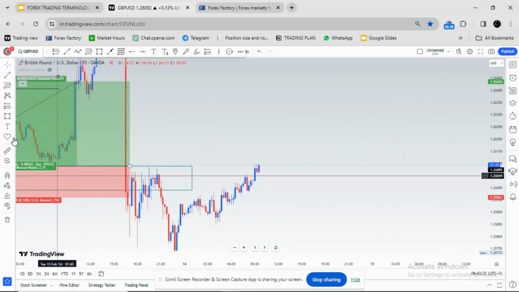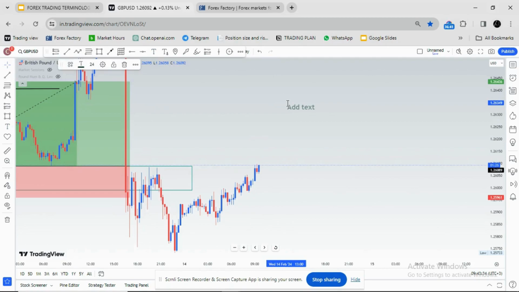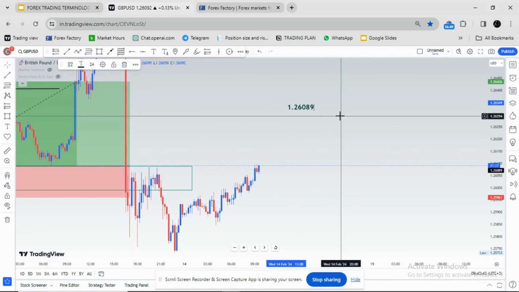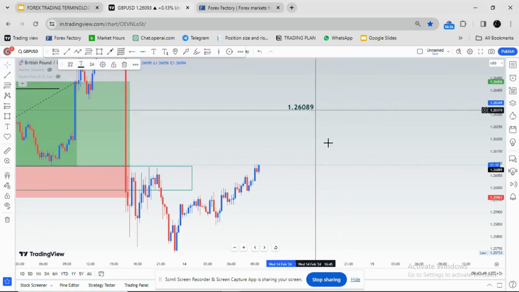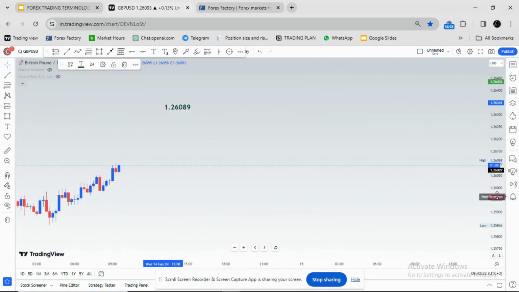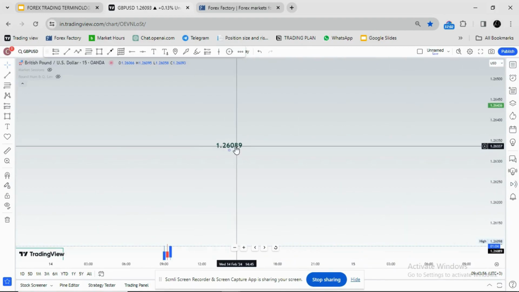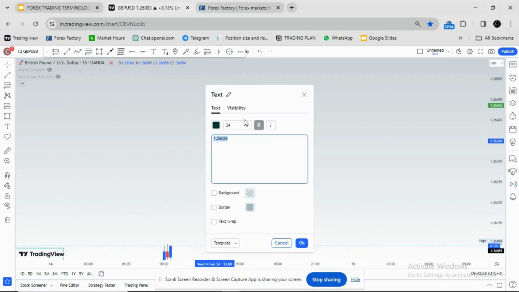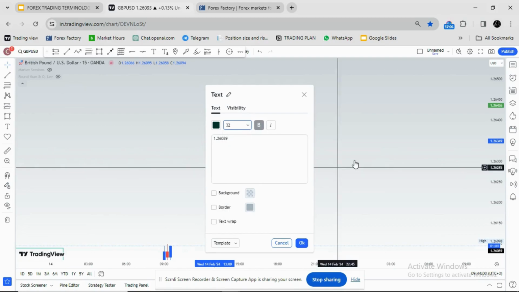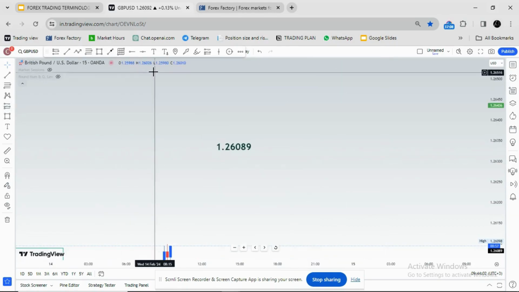Now you see this price here, and I'm going to take my time and write it. It's going to change obviously. 1.26089, and sometimes you have another number after that. How many decimal places can you see? I know you are a learned person, so tell me how many decimal places you can see. Let me make it larger.